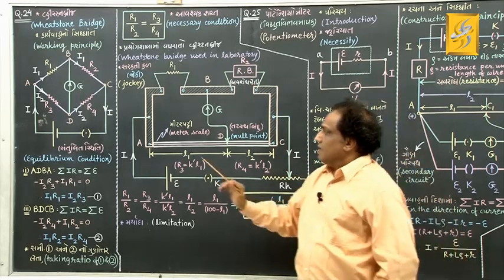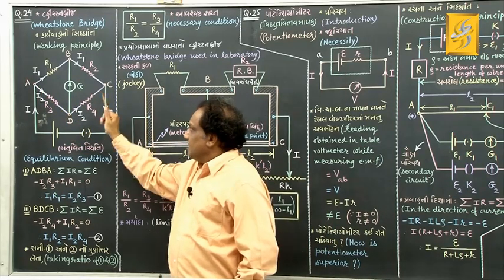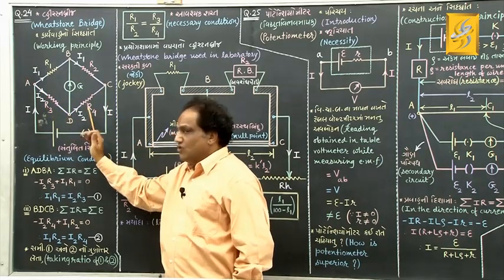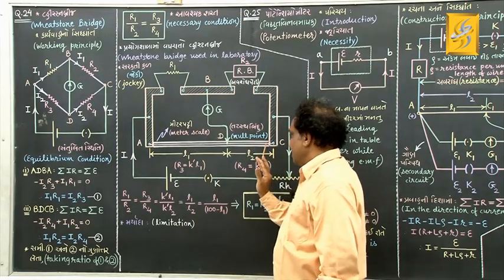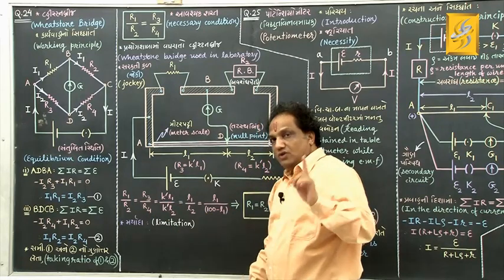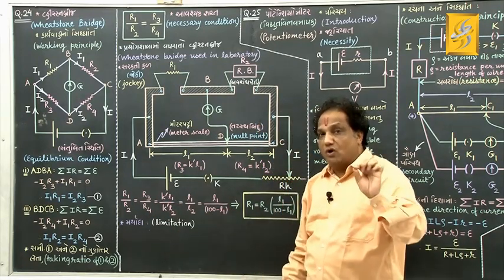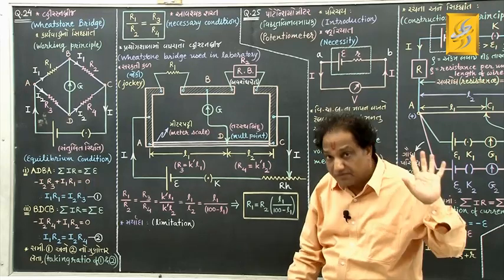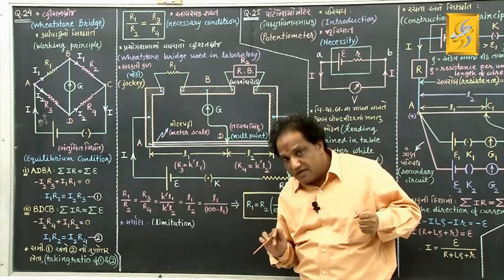Then between A and C, in this arm, instead of R3 and R4, we connect a long uniform resistive wire made up of an alloy called constantan. Why do we use constantan wire?